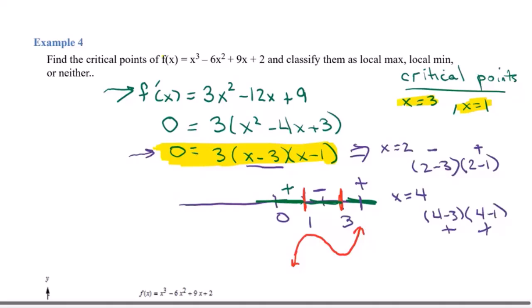So my graph is going to look something like this, which means that x equals 1 is a local maximum. And at 3, we have a local minimum. We don't have neither. We have one of each.